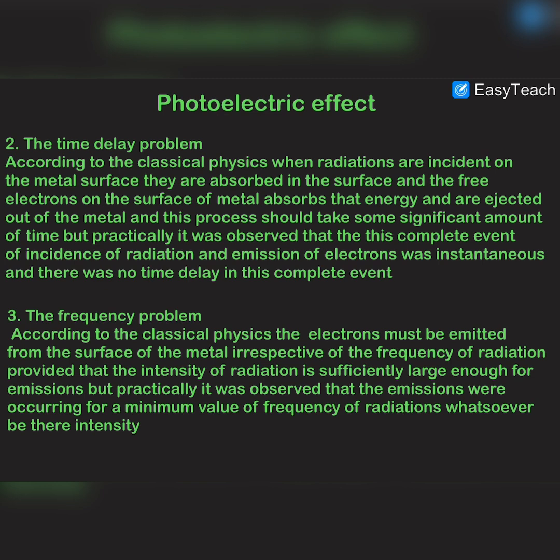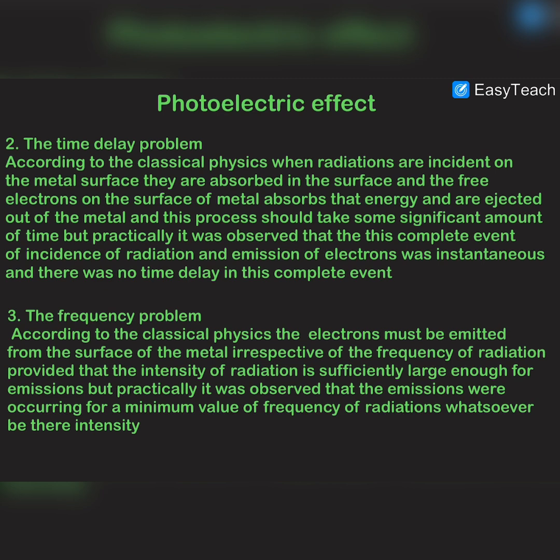Now, the frequency problem was that, according to classical physics, electrons must be ejected from the surface of the metal irrespective of the frequency of the radiation, provided that a sufficient intensity of radiation is incident on the surface. But practically, it was observed that the ejection of electrons did not depend on the intensity of the radiation.